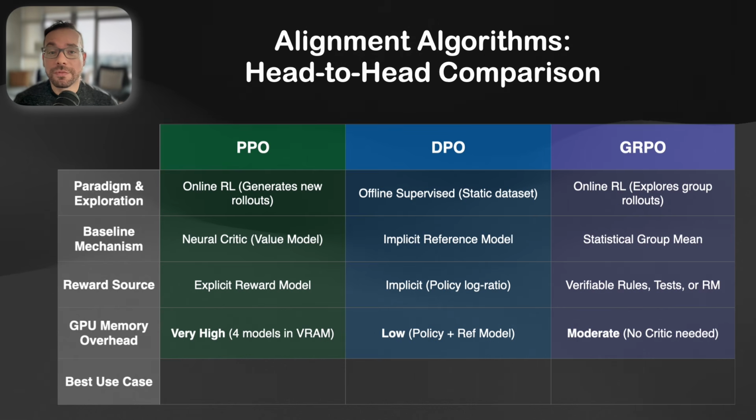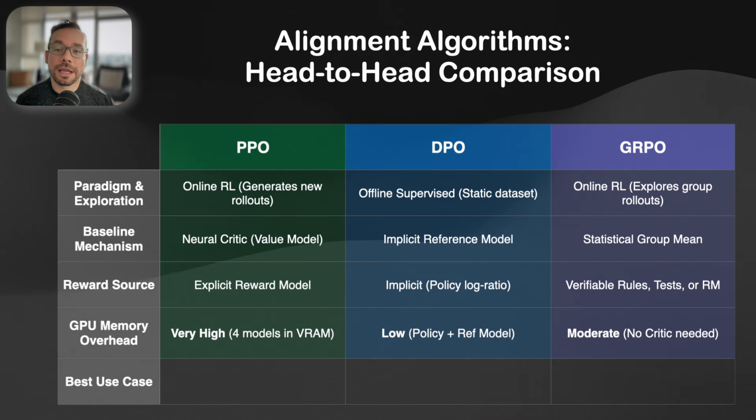PPO is very high because you must hold 4 models in VRAM at once: active, reference, reward, and value. DPO is very low. It requires only the active model and the reference model. GRPO sits in the middle, moderate, because dropping the critic removes significant memory overhead compared to PPO. Now, that brings us to best use case.